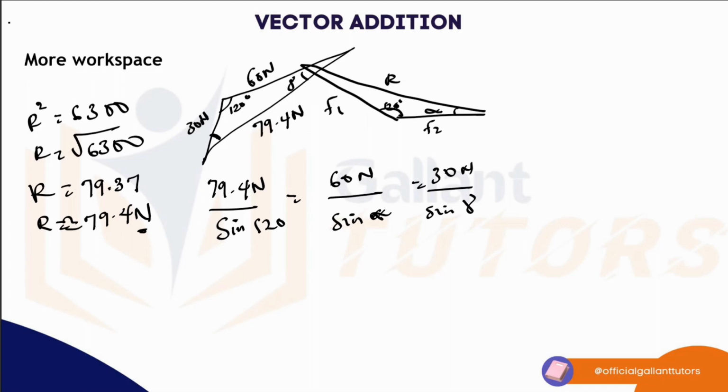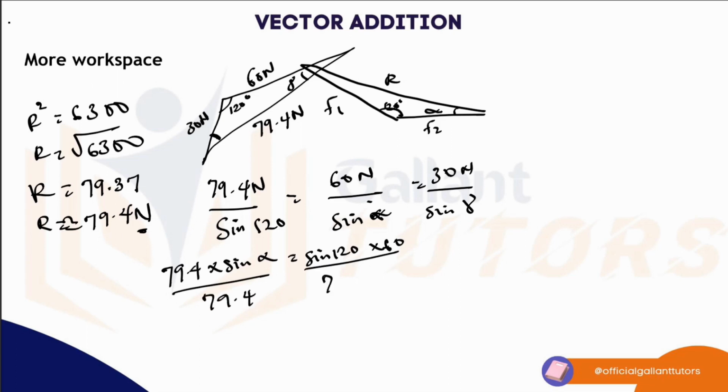We can just start this particular part, right? So we're picking these two only, these first two. So we have 79.4 times sine alpha is equal to sine 120 times 60, divided by 79.4.